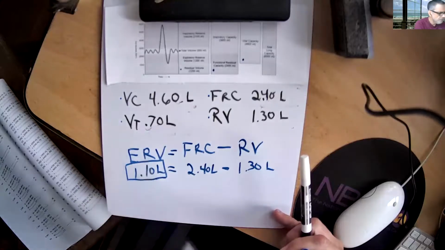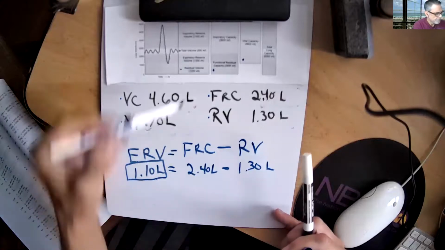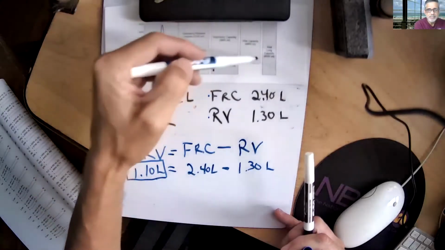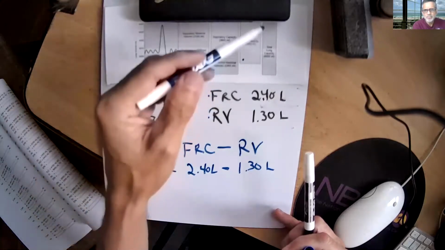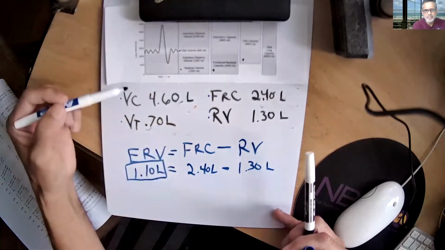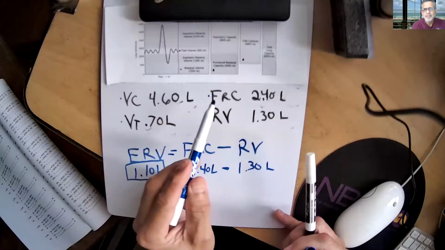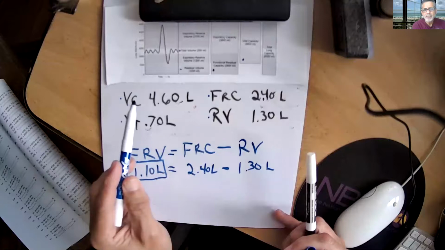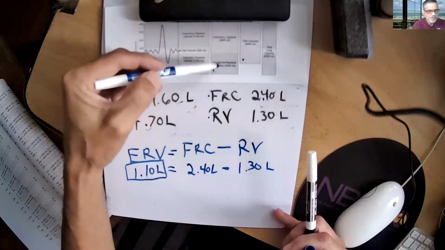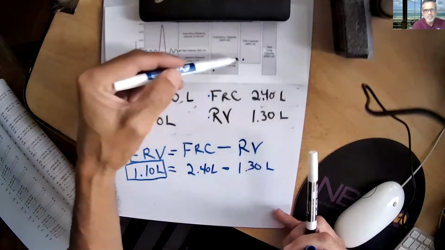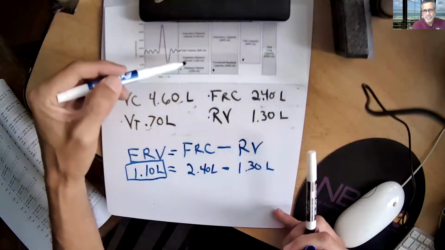Now, what if I wanted to figure out total lung capacity? Here's total lung capacity, and here are all the values I have. What values could I use to build the total lung capacity? Well, what about if I did FRC and vital capacity? Here's vital capacity and here's FRC. Well, I can't do that because we're double counting the expiratory reserve volume.